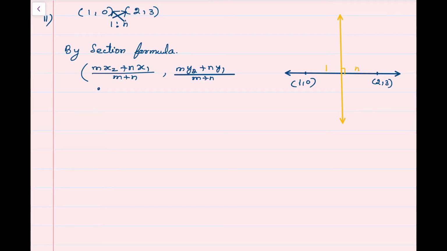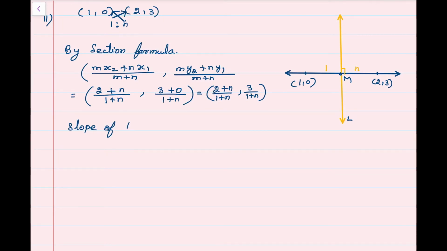So it is (1 into 2 plus n into 1) divided by the total (1 plus n), and the y coordinate (1 into 3 plus 0 into n) divided by (1 plus n), which is equal to (2 plus n) divided by (1 plus n) and 3 divided by (1 plus n). We will take this point as M. So we know the coordinates of M. Now we have to find the slope of this line L. We will first find the slope of the line joining (1, 0) and (2, 3).